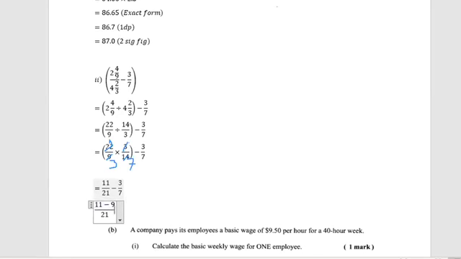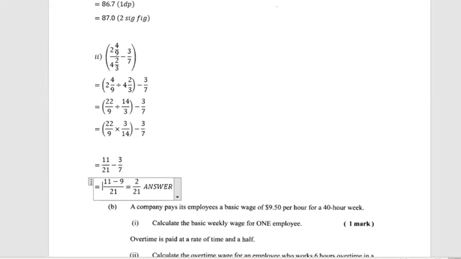And now what I can say is 11 minus 9 will give me 2 over 21, and believe it or not, this is my answer. So my answer is 2 over 21.